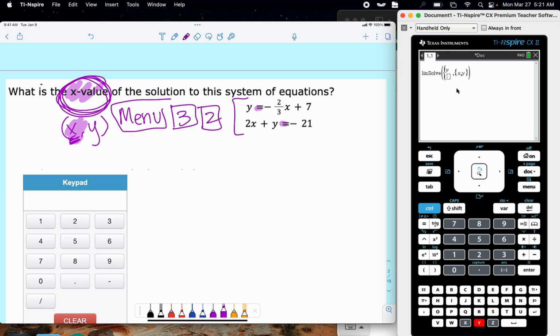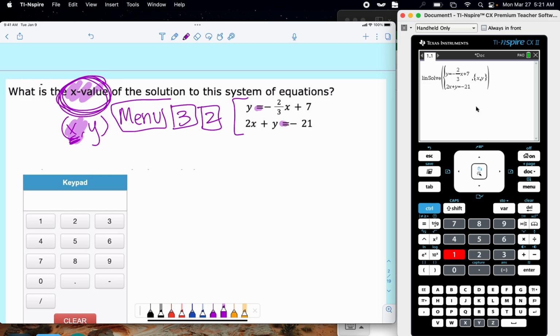We're going to type in y equals negative 2 divided by 3. Let me put a fraction in there. Control, divide, 2 divided by 3, x plus 7. And we're going to go to the bottom one and do 2x plus y equals negative 21.